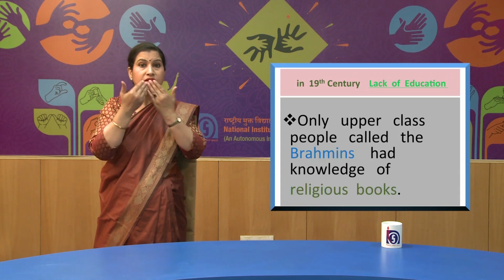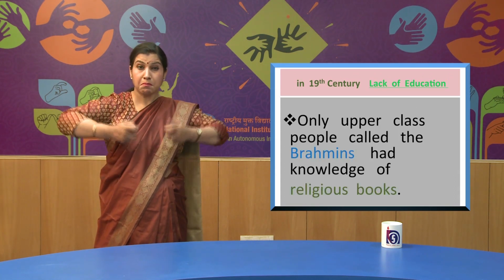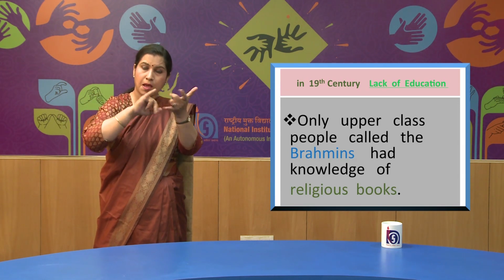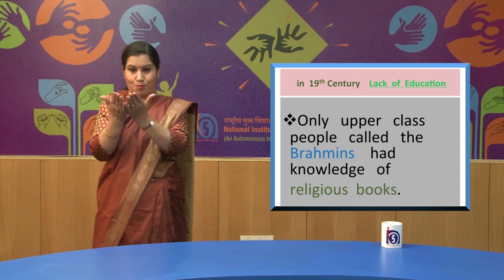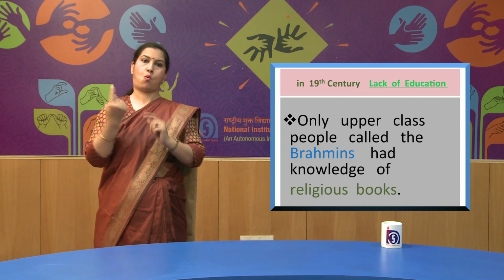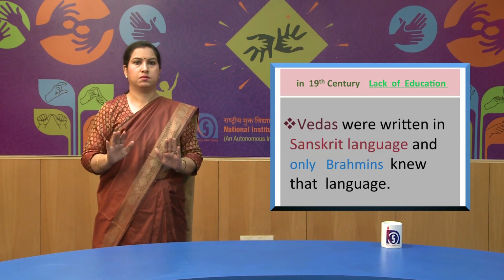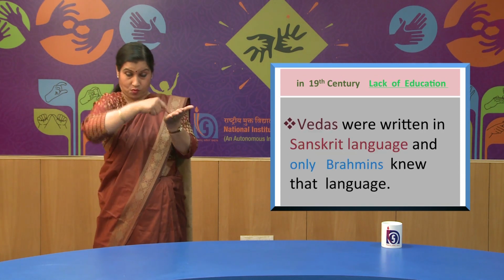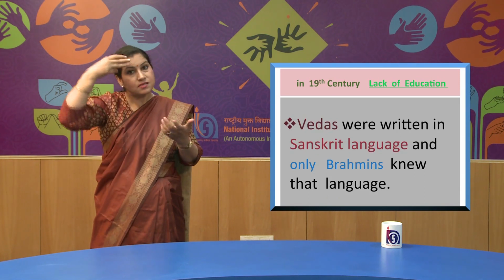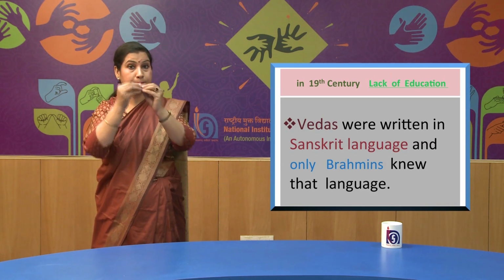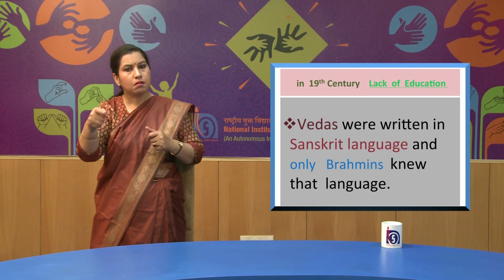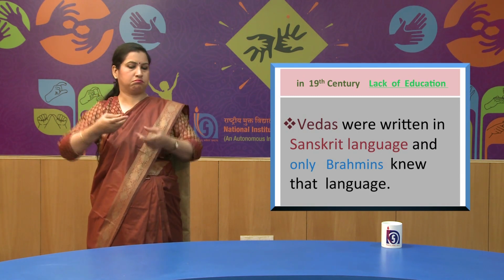Only upper class people, who were called Brahmins, had knowledge of religious literatures, because those religious books were written in Sanskrit language and only Brahmins knew that language. Therefore, they could interpret it in the way they liked.